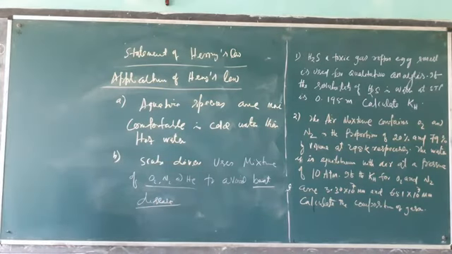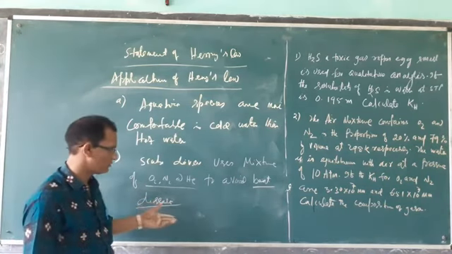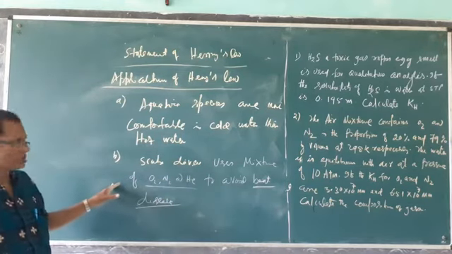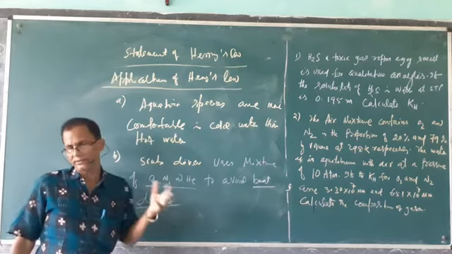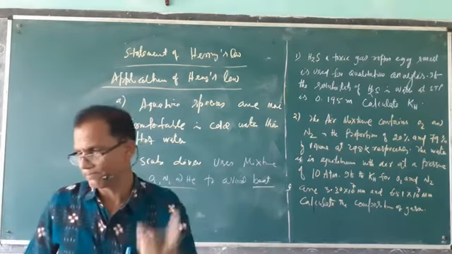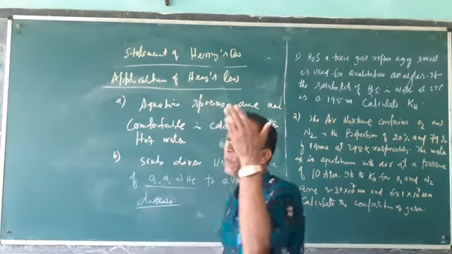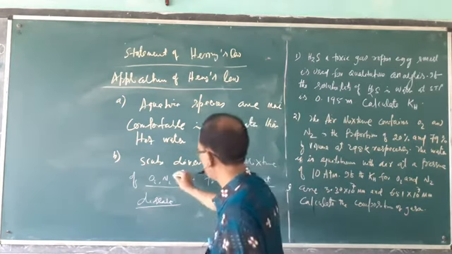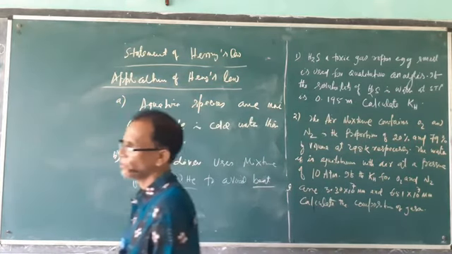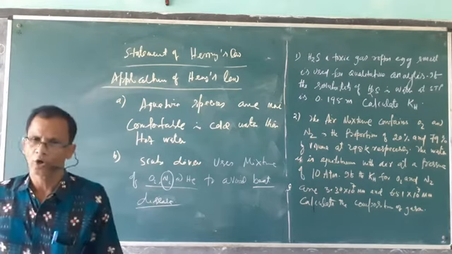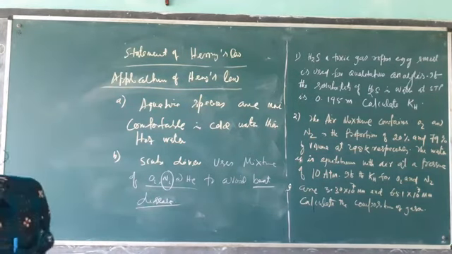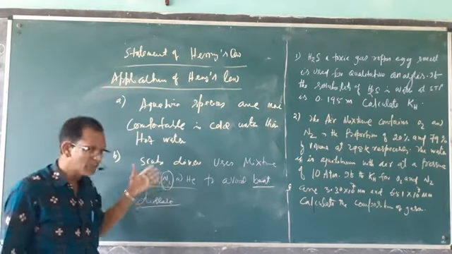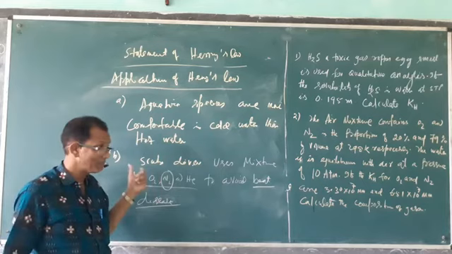Bent disease is generally observed in divers, that is scuba divers. When he comes from the bottom to the surface, what happens? The dissolved nitrogen in the blood comes out.